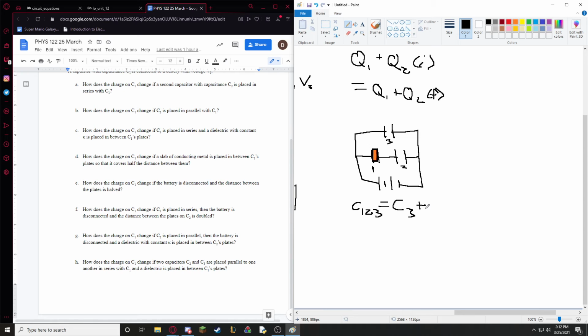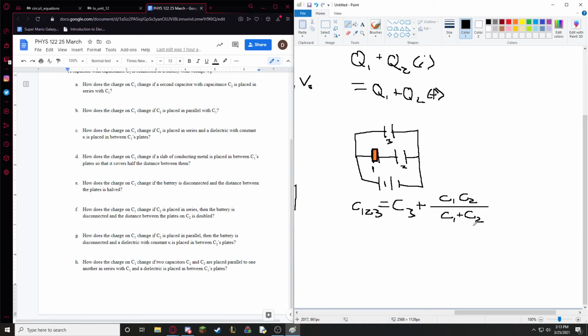Is it C1 plus C2, or C1 plus C2 to the negative 1? Or reciprocals, exactly. 1 over C1 plus 1 over C2, all to the negative 1. And I'm going to go ahead and write that as C1 times C2 over C1 plus C2.